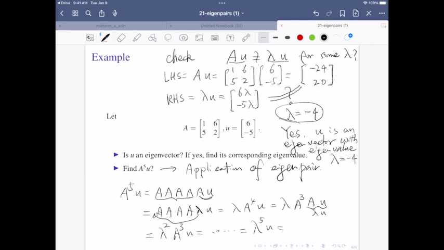And lambda to the fifth power u is simply -4 to the fifth power, which is 1024 with a negative sign, times u, which is 6, -5. Of course, for the final answer, you need to multiply 1024 to 6 and -5 separately.